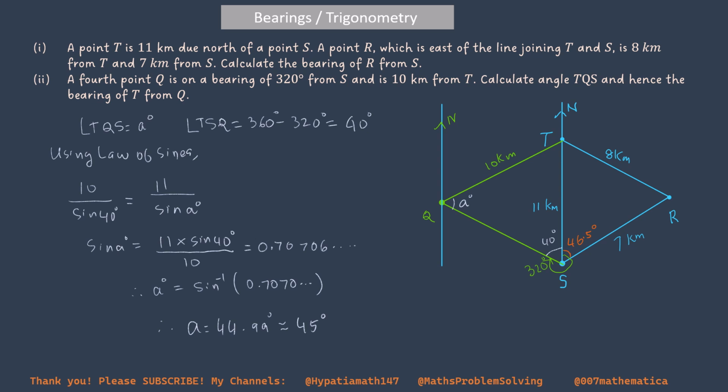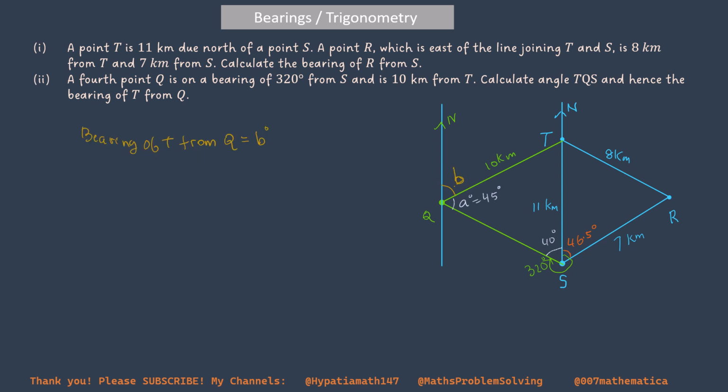Now the next bit is to find the bearing. Since it's a bearing, it's the angle made with the north line, and that is the angle I need to find. I assume that angle is B, and you can see here we don't need to apply the sine or the cosine law anymore because we have parallel lines.